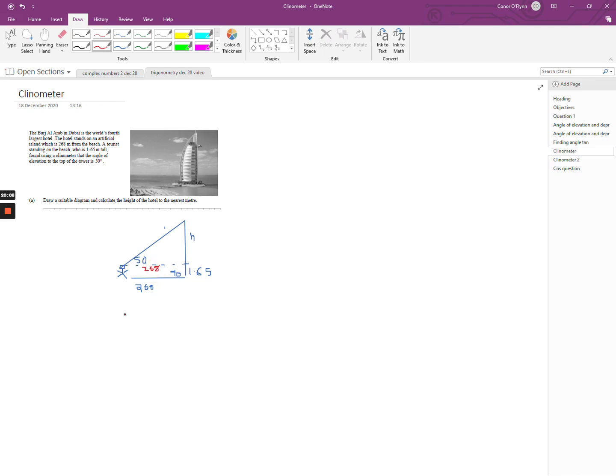So it'll be tan 50 equals opposite over adjacent. Okay, so we go for H now. Again, cross multiply.